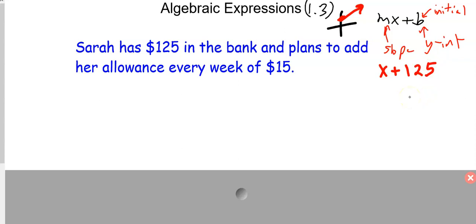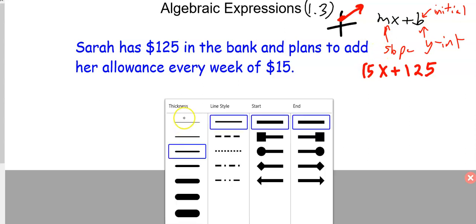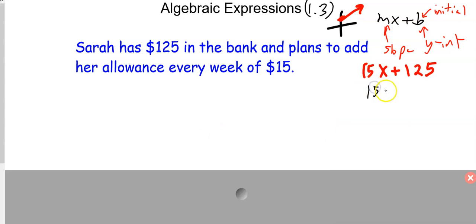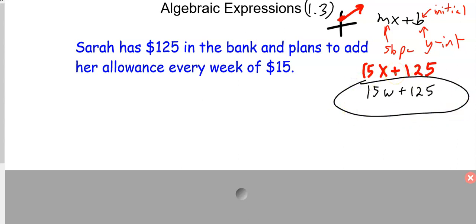And then depending on how many weeks, that would be your coefficient or your slope, in this case your rate of change, which is 15. In fact, typically we prefer to write this with meaningful variables, so I might write 15w plus 125. w is more meaningful because you probably already know w stands for weeks here. So 15w plus 125 would be our expression for this sentence.